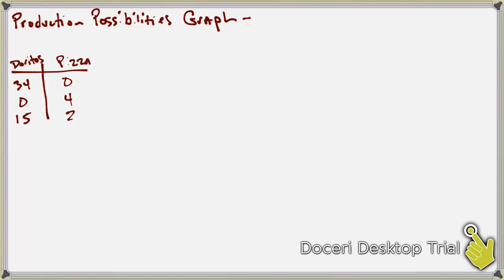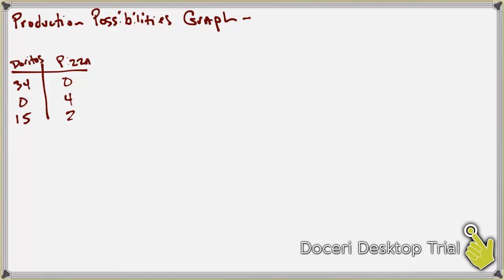And really, what you need to understand is that all the graphs that we're going to use in this class are just really supposed to be illustrations of concepts. Try to make them seem a little easier. I don't know if that's always going to be the case or not. But the production possibility graph is the graph that illustrates scarcity and opportunity cost. That's really what this graph is designed to do.